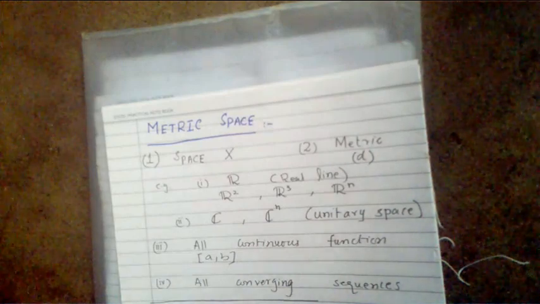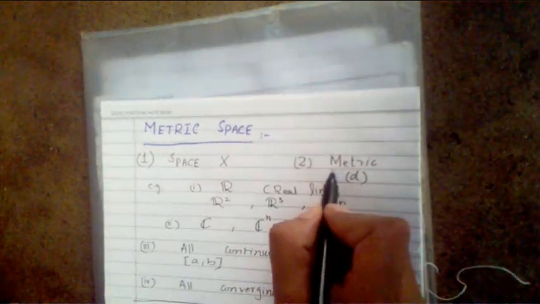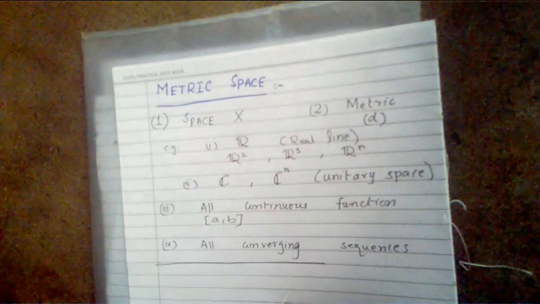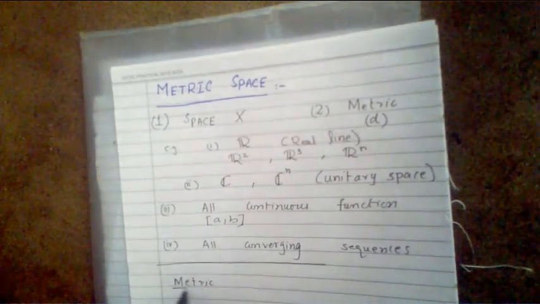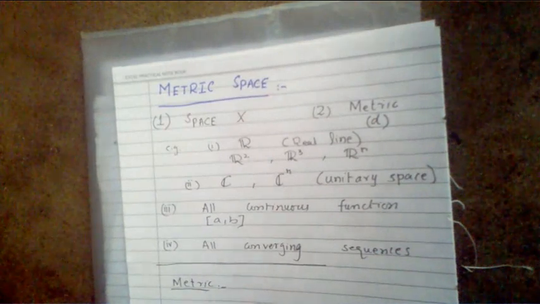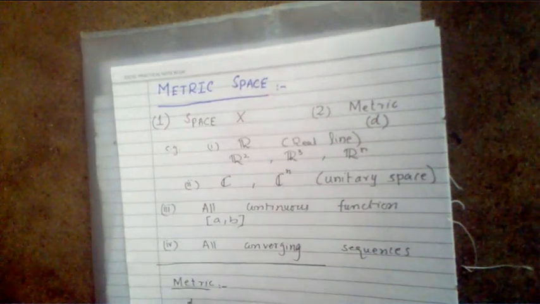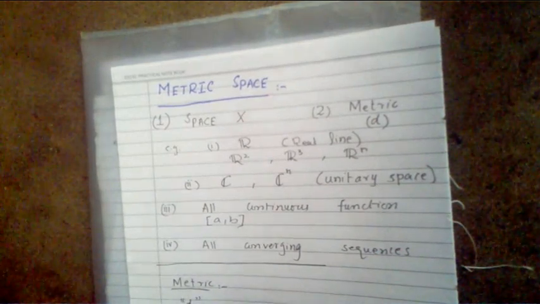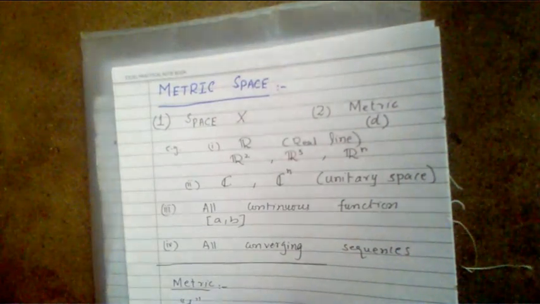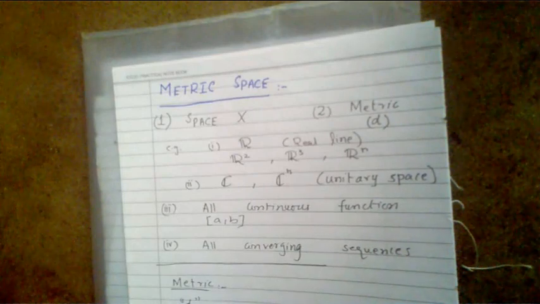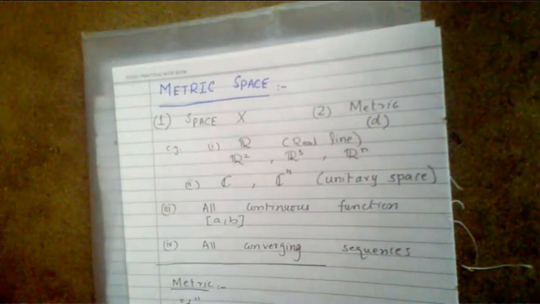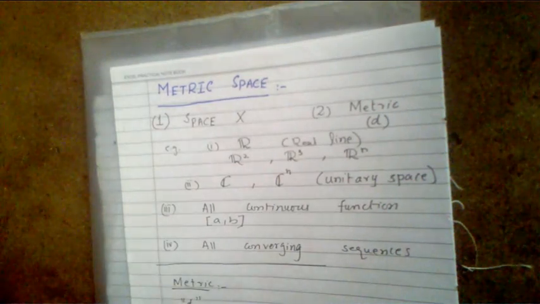Next, the important one is the metric, which is often denoted by d. What is a metric? The metric d is a function, and since it is a function, it must have a domain and a range.